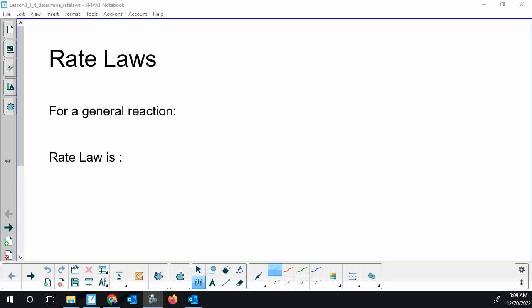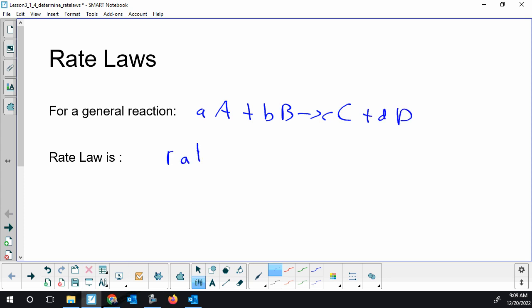So our generic formula is a A plus b B makes c C plus d D. Our rate law may factor in both of the reactants, but we don't use the stoichiometric powers. We have to experimentally determine the powers of each reactant.